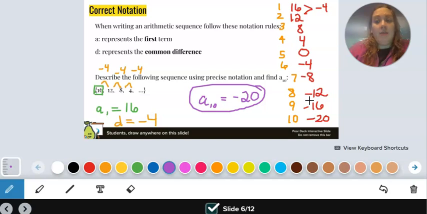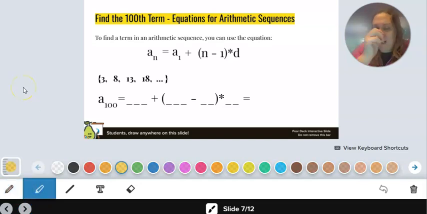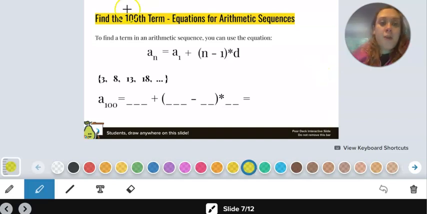So we can always find whatever term we want in the sequence. We may have to make this list and make our way to that number term. Let's push ahead to slide 7. And if we want to find a faraway term, for example, the 100th term, that's going to be hard.